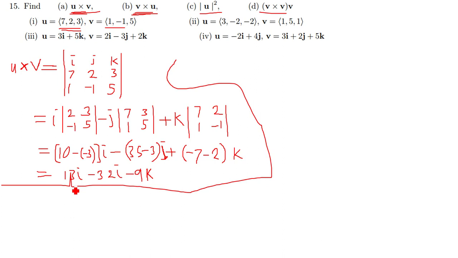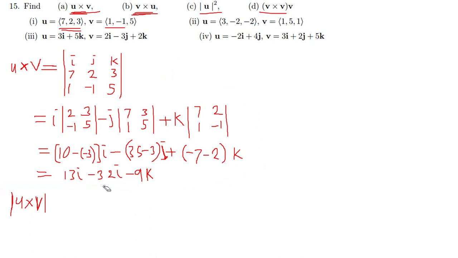So if this is your U cross V, whenever you find u cross v, expect to get a vector. And then when you find the magnitude of your answer, meaning if in this case you find the magnitude of this vector that we've just found here, this is equal to the area.